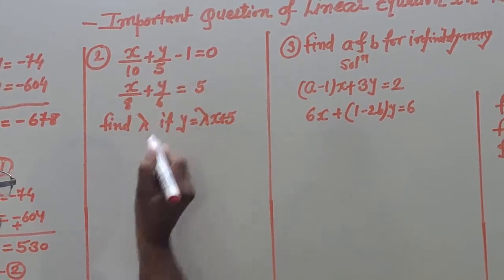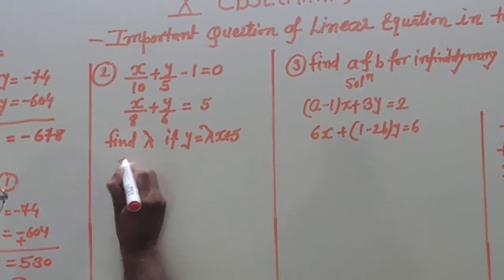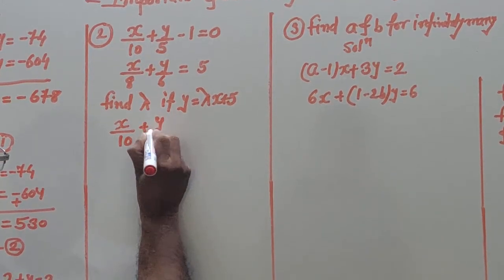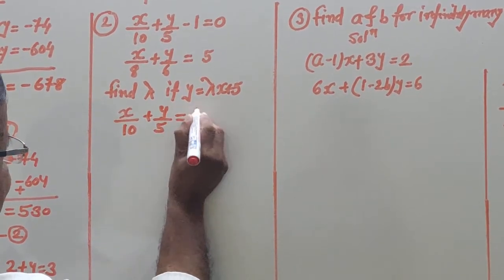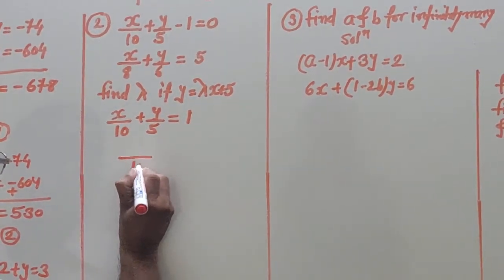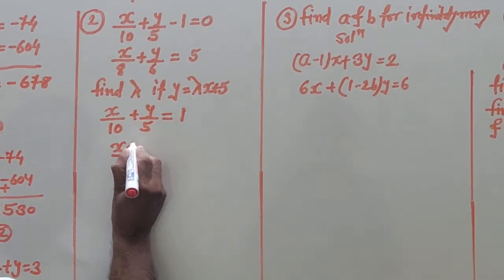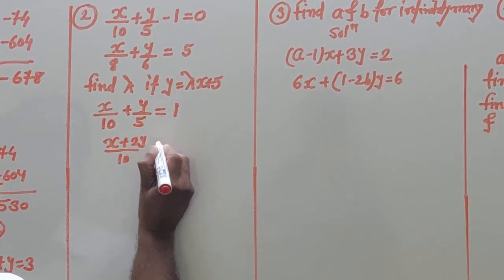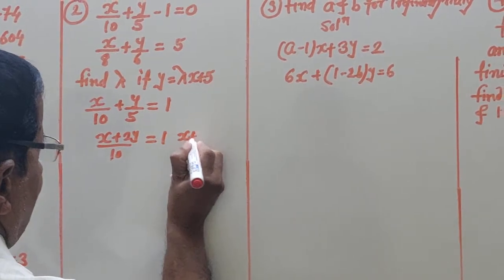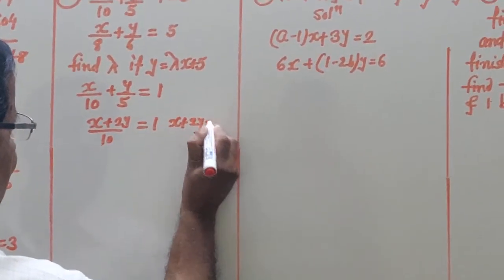In this problem, I will transfer 1 to that side and then take the LCM. Now I am transferring 1. Then the LCM of this is 10. Now this will be x plus 2y is equal to 10.